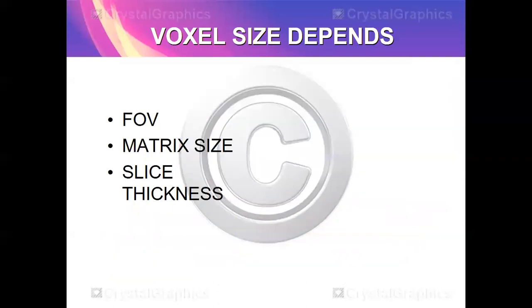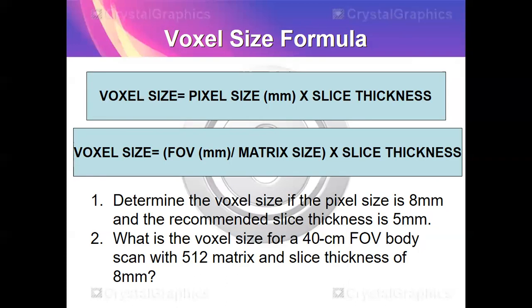So voxel size depends on the FOV, the matrix size, and the slice thickness. Based on the formula, voxel size and FOV are directly related. If we increase the FOV, the voxel size will also increase, just like sa ating pixel size kanina. And inversely related naman yung voxel size sa matrix size, katulad din ng ating pixel size. Voxel size and pixel size are directly related.